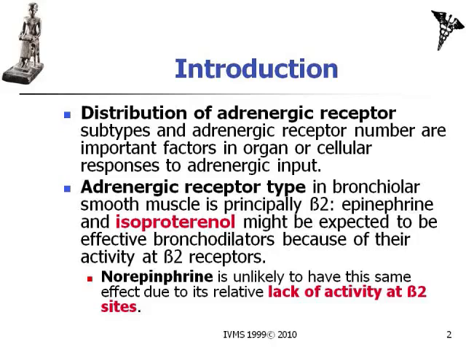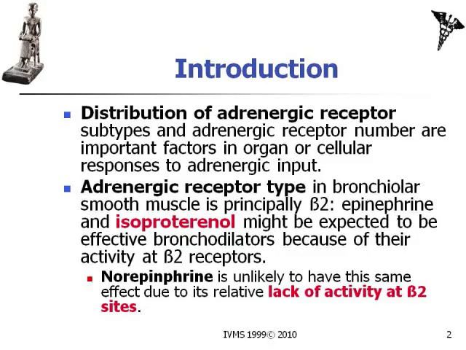For example, the adrenergic receptor type in the bronchiolar smooth muscle is principally beta-2 receptors, so agents like epinephrine and isoproterenol will cause bronchodilation because of their activity at the beta-2 receptors.